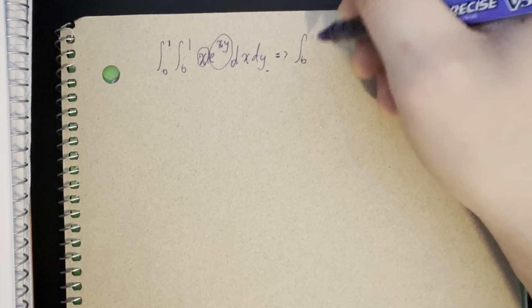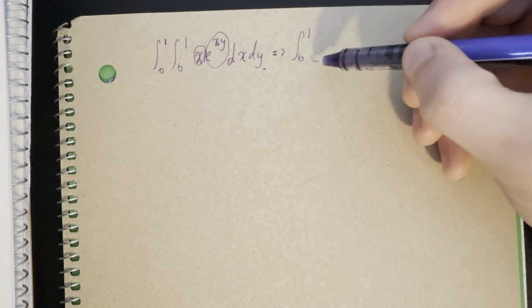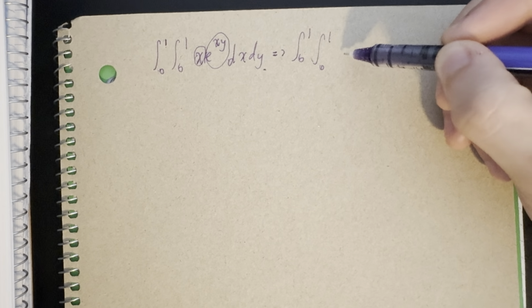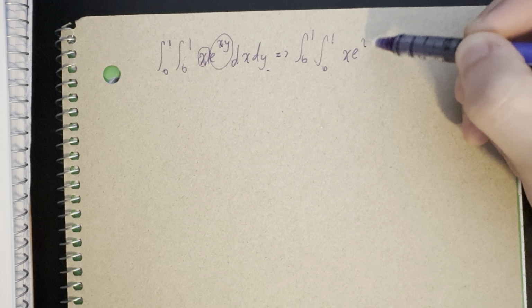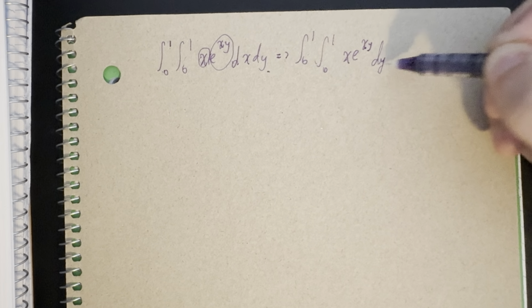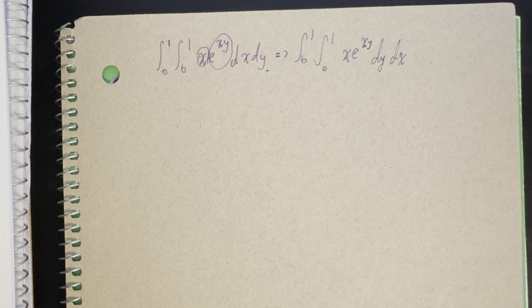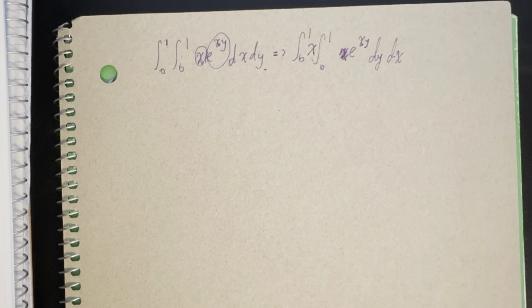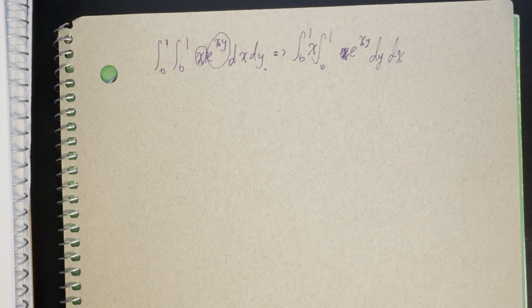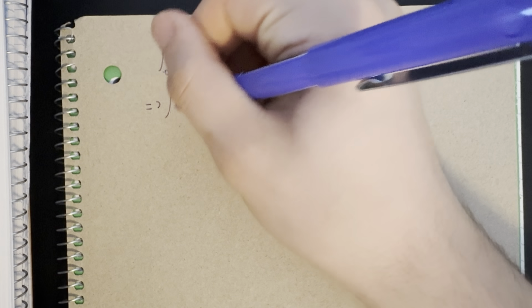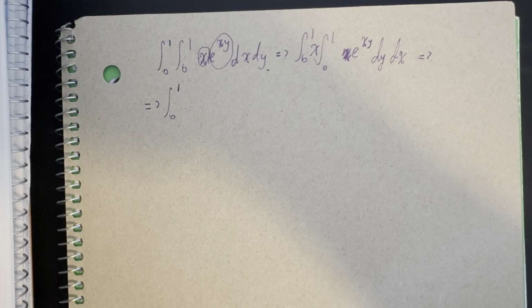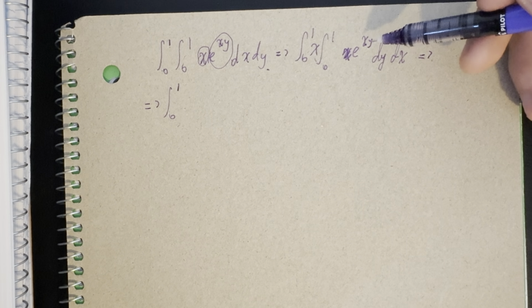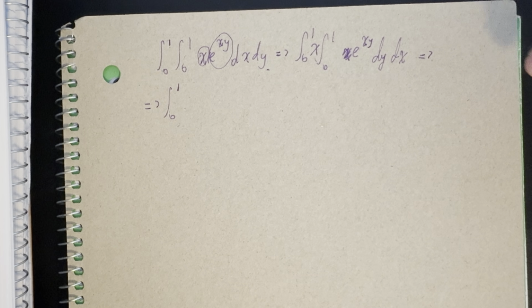So this is still equal to 0 to 1, 0 to 1, because it's a rectangular region, x e to the xy dy dx this time, okay? So now we're going to treat x as a constant. Just for starters, we're going to pull this x out here, because we don't really mess with it. And then you can integrate 0 to 1 e to the xy, so this is just e to the y times a constant.